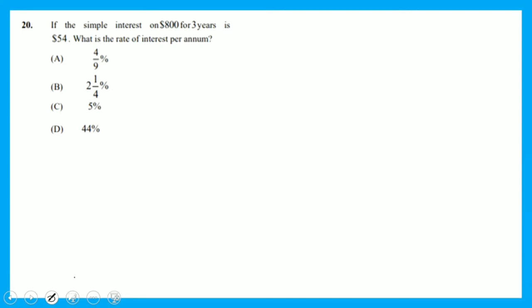So once you hear simple interest, you may just want to jot down the formula real quick. Simple interest is calculated based on what you invest. So P stands for principal, which would be the original amount, times the rate, which would be given in percentage, times the time, which should be given in terms of years.